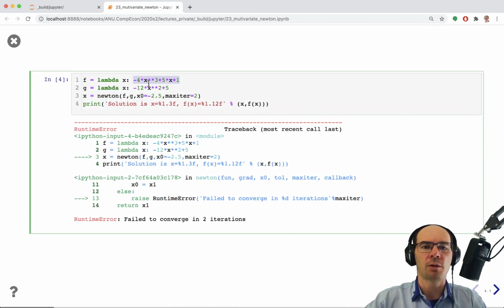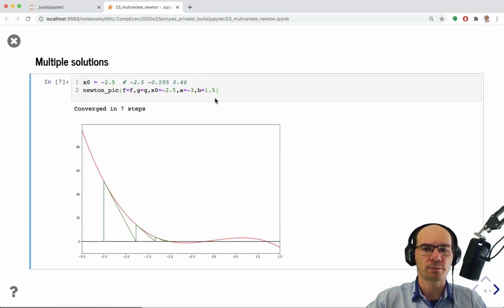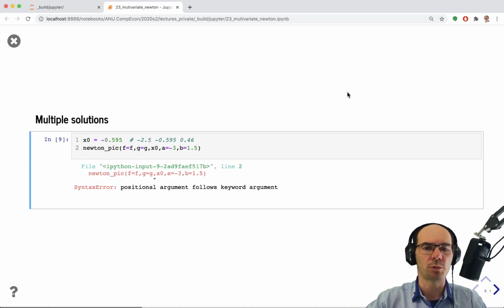And it is. It's x to the power of 3. So we should have expected 3 roots. And then there are. If we start from minus 2.5, then we find the first one. I've selected some nice starting points here to demonstrate that where you start from is really important.